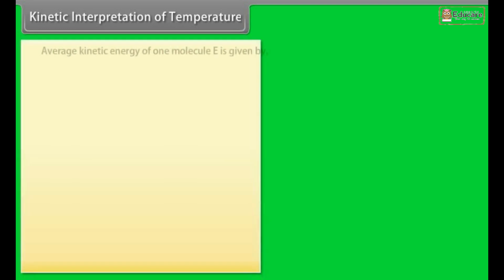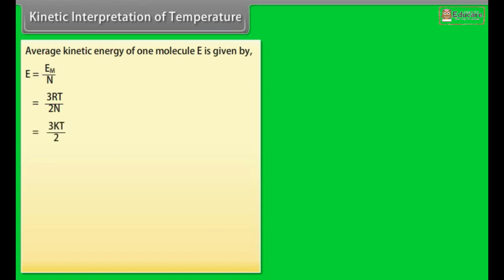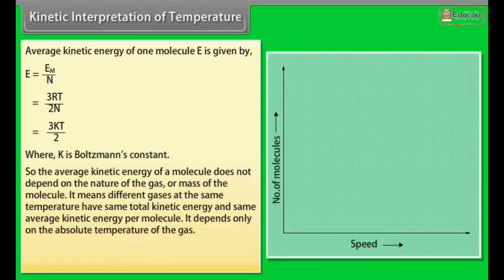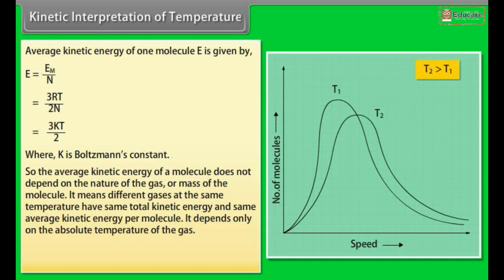Kinetic interpretation of temperature. Average kinetic energy of one molecule E is given by E = Em/N = 3RT/2N = 3kT/2, where k is Boltzmann's constant. So, the average kinetic energy of a molecule does not depend on the nature of the gas or mass of the molecule.